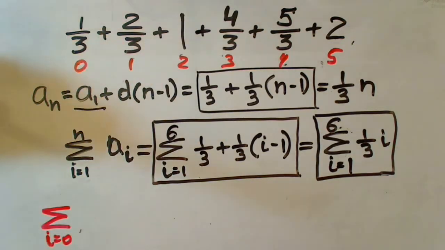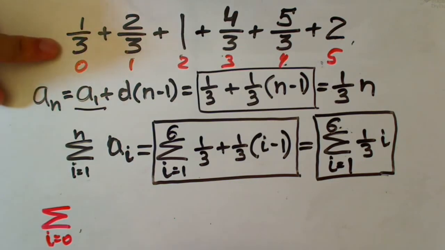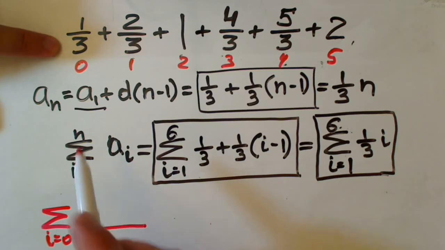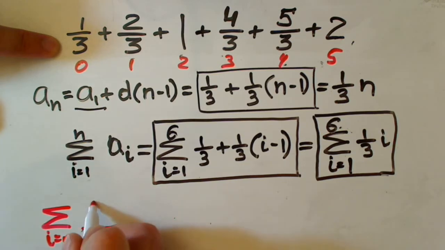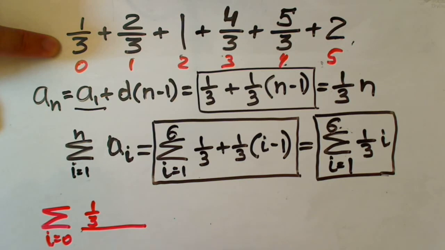Now if we're starting this way, our first term should be 1/3. It means we should find a general formula for our series that will give us 1/3 when i equals 0. To do this, we have 1/3 plus 1/3, our common difference, times i.